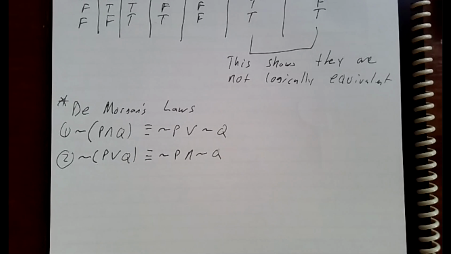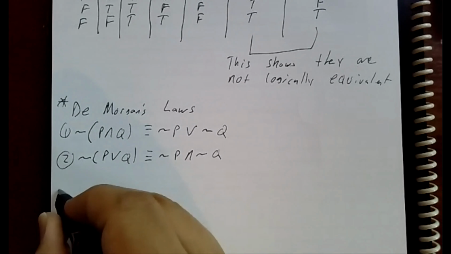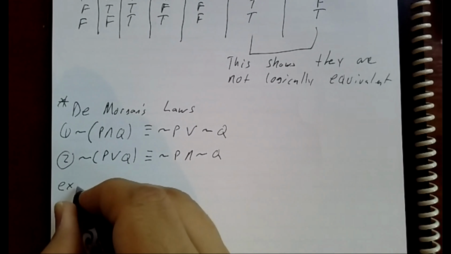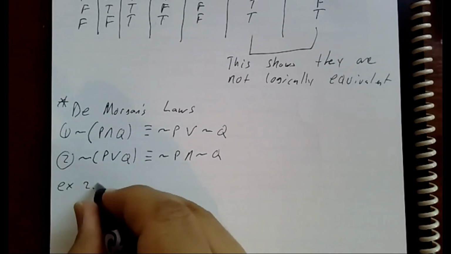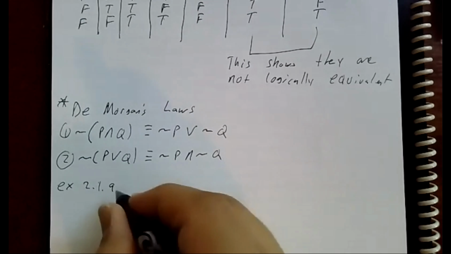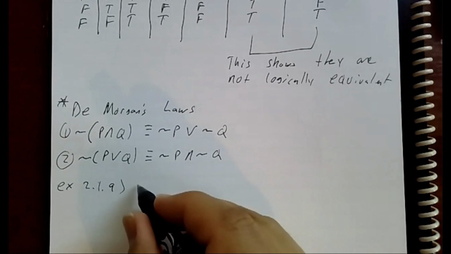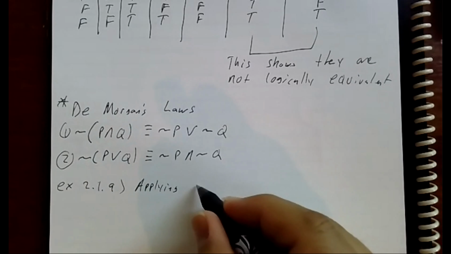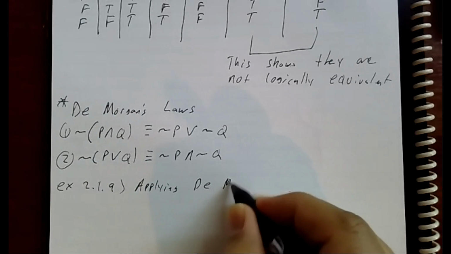So I won't give you the long definition. I think this is enough, so you can save some time here. But let's apply it to an example, example 2.1.9. We're applying De Morgan's law.